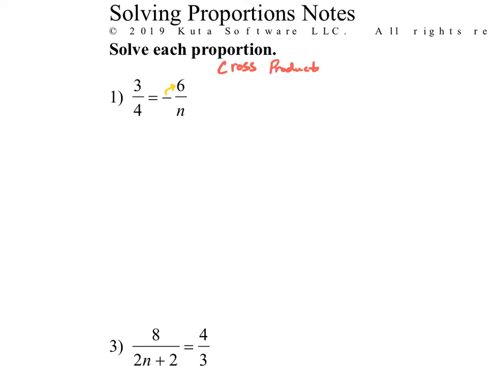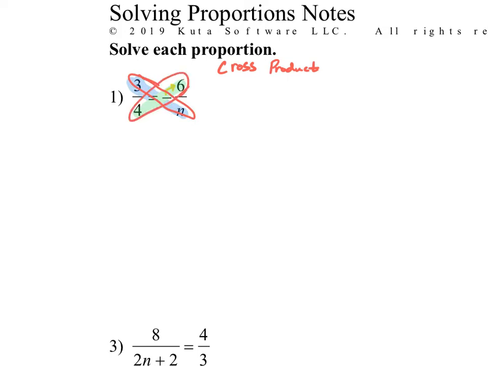Now, when I say cross product, it literally means you are going to take the top of one side and multiply it by the bottom of the opposite side, and then you will do the same thing. You will take the bottom of one side and multiply it by the top, making that an x. A lot of you, since you have a pencil, are just going to circle the things that are getting multiplied together.